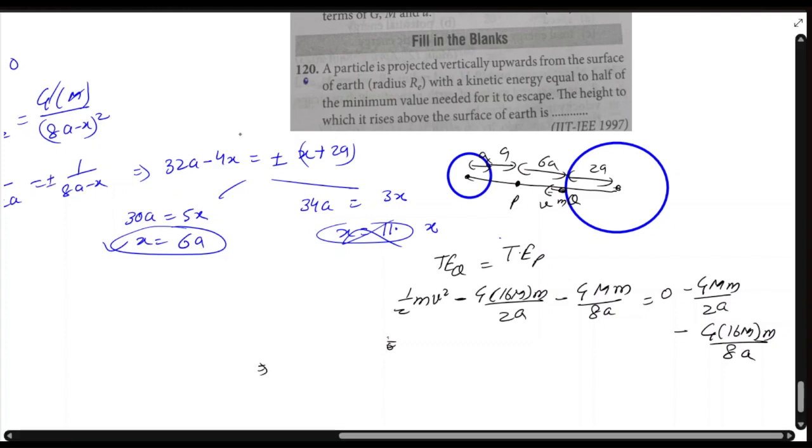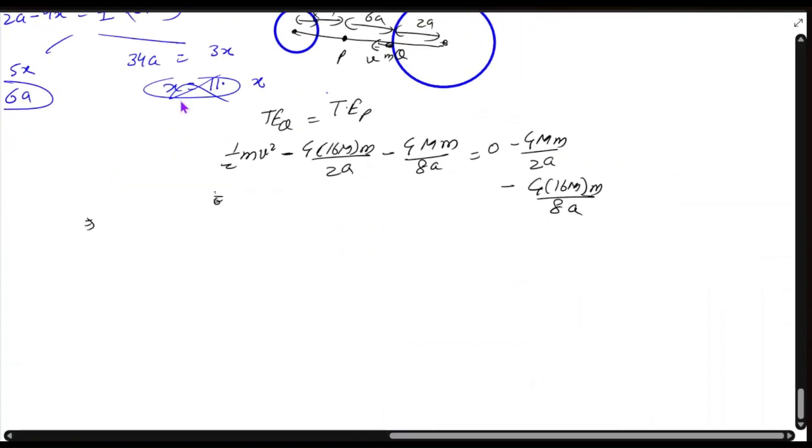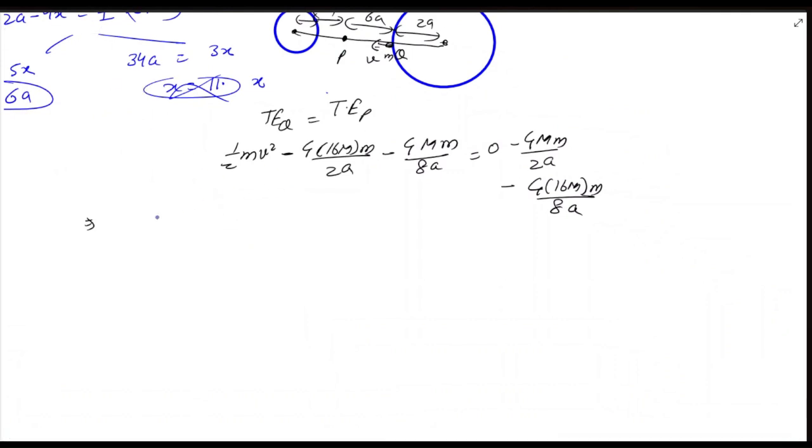What we get is half mv square. The small m will get cancelled, and we have v square by 2.